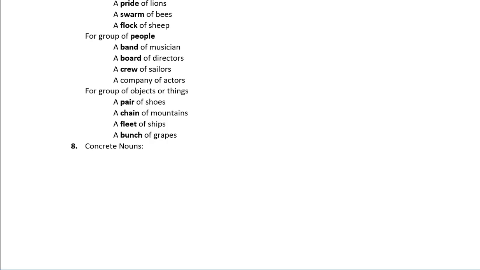A concrete noun refers to objects that are material and can be perceived by the human senses. For example, we can touch, we can see, we can smell. So these are all based on the five human senses.